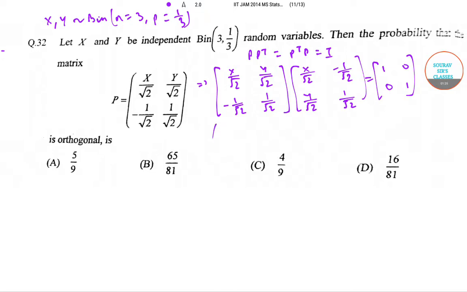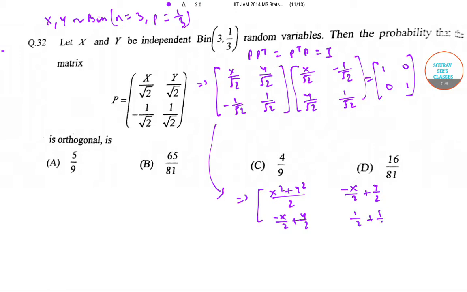Thus from here we get (x squared plus y squared) by 2, minus x by 2 plus y by 2, minus x by 2 plus y by 2, and half plus half, is equal to [[1, 0], [0, 1]].